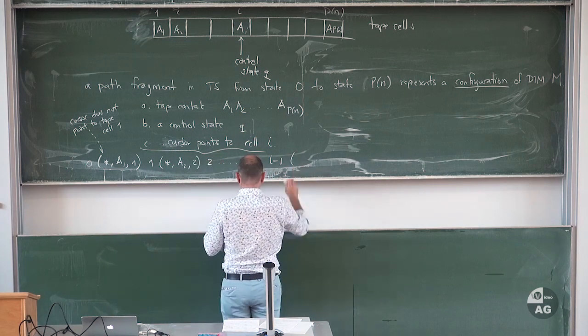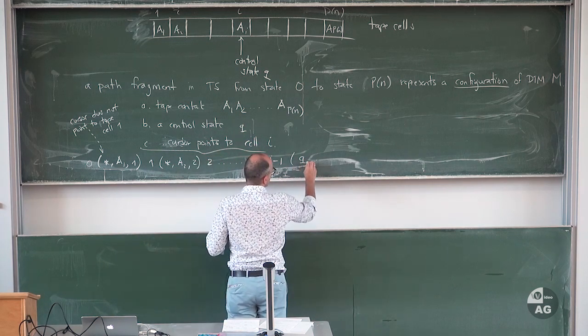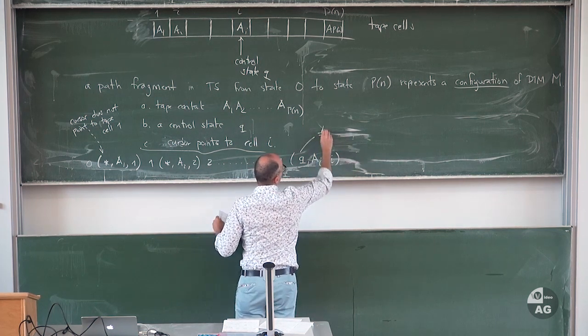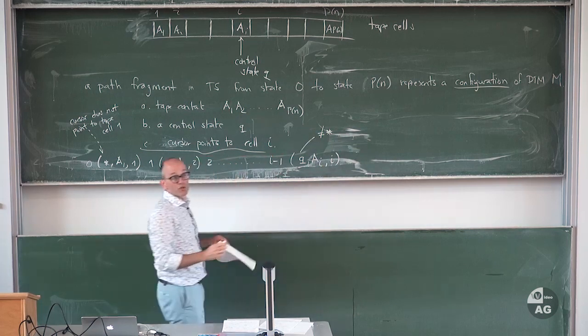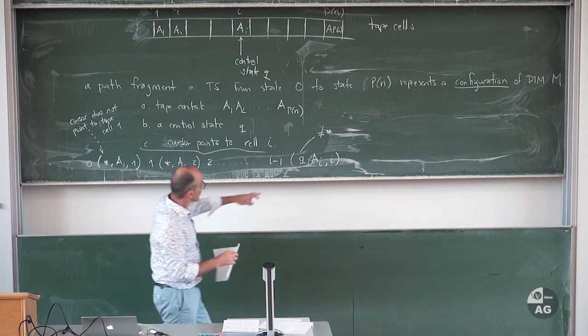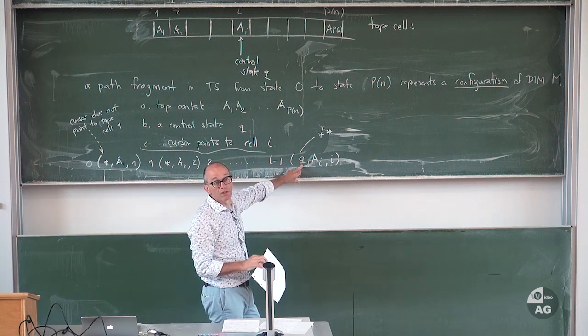Now you get something of the form Q, A_I, I. So this is different from star. All the other ones are stars. There is one position where we have Q, because the Turing machine can only point to one position on the tape, and we store at that point also the control state.